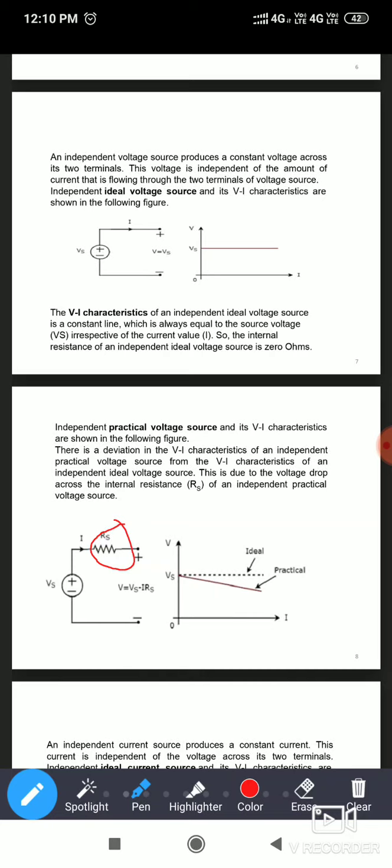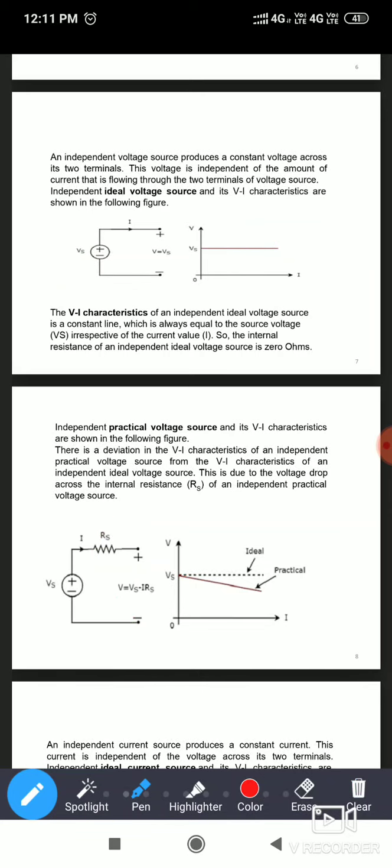If you apply KVL here, the voltage between two terminals is Vs minus I into Rs. Compared with the ideal voltage source, the value of Rs will be 0. That's why in an ideal voltage source the internal resistance is 0, that is, it is already shorted. This concept we require in the superposition theorem or any theorem which we are going to learn in unit number 1.